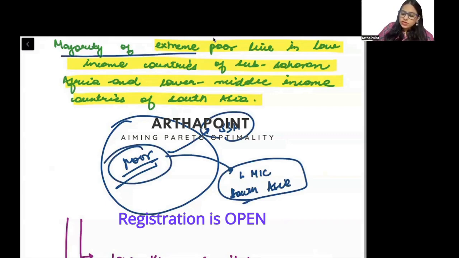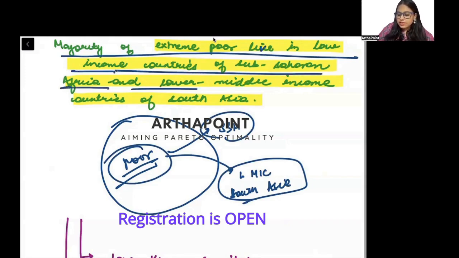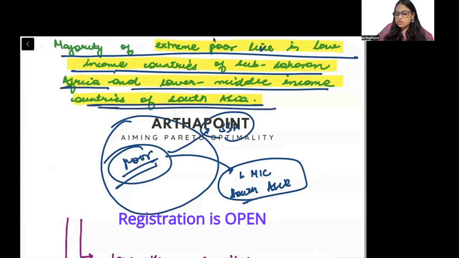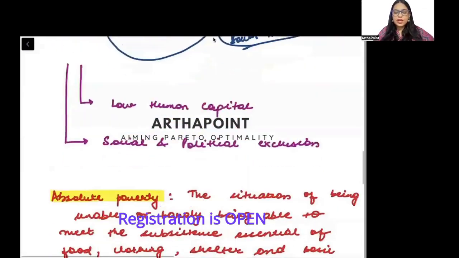So majority of the extreme poor live in low income countries of sub-Saharan Africa and low middle income countries of South Asia.